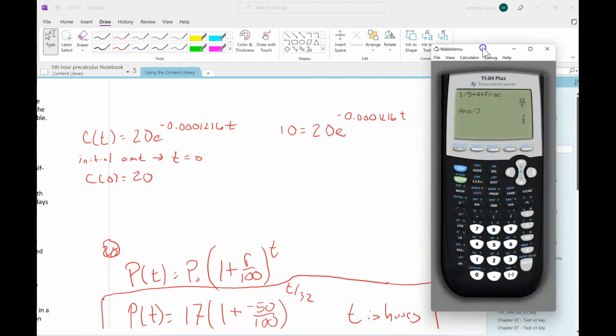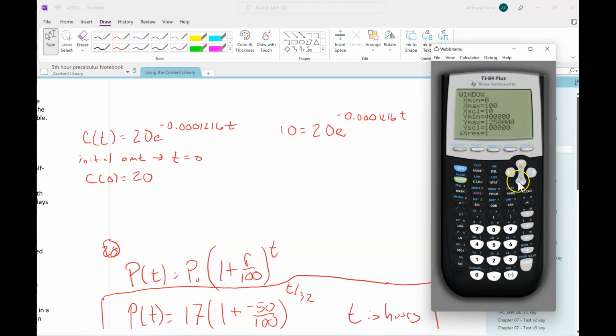Very good. Okay, so fire up the old graphy McGrafferson here. 1231216 times x. Get rid of u. So there's that. Reset my window. I don't know how long a half-life of carbon is.